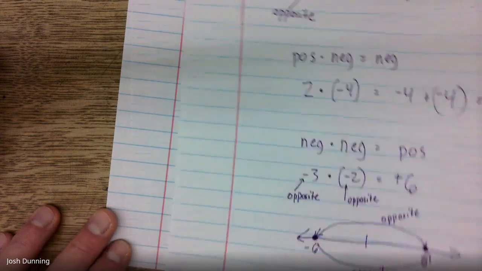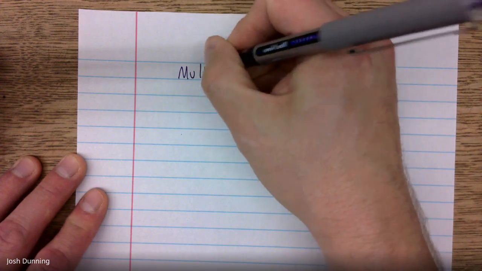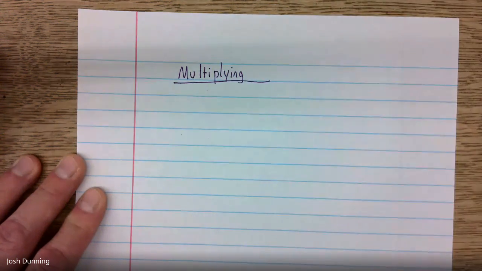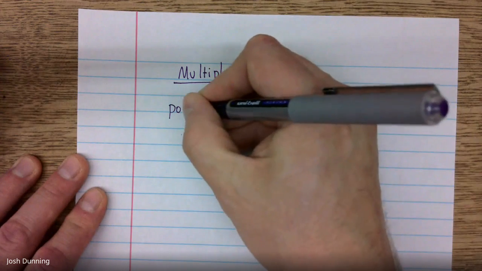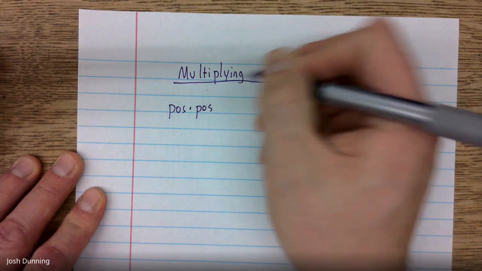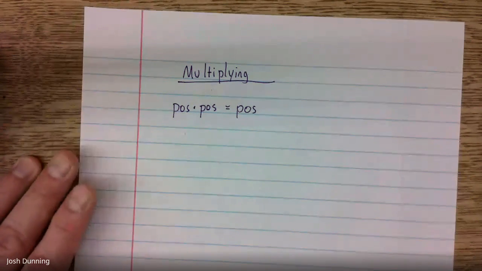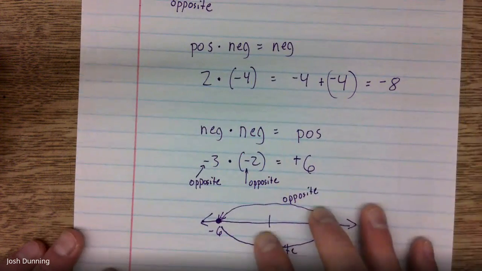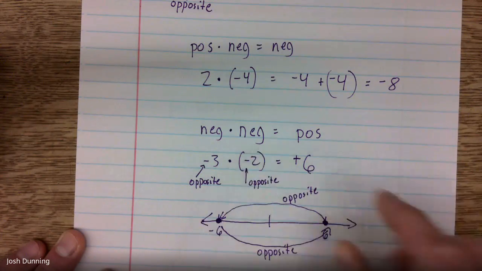So let's sum this up. For multiplying, if we had a positive times a positive, we got a positive. You've done that for years. Now we just said the other way we can get a positive is from a negative times a negative.